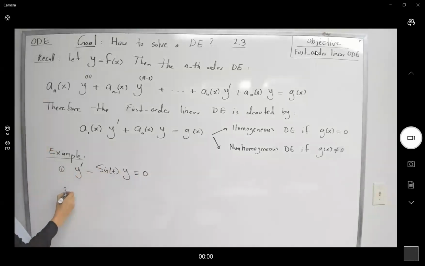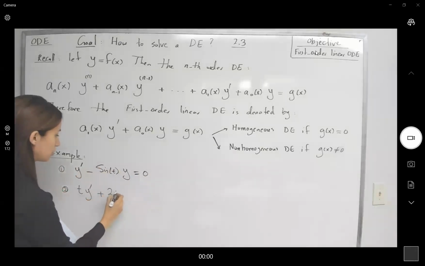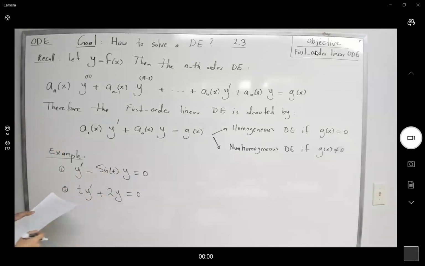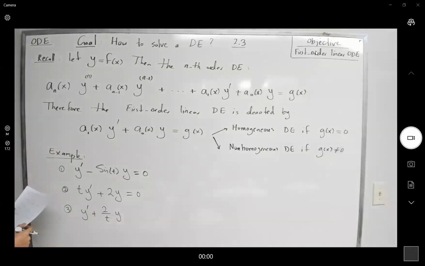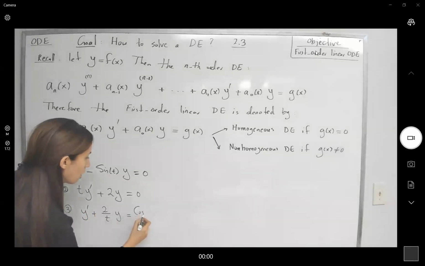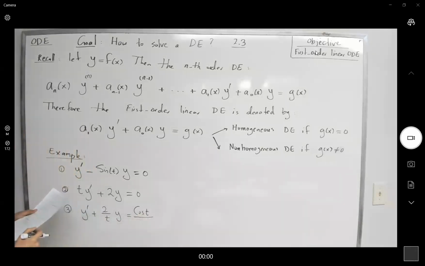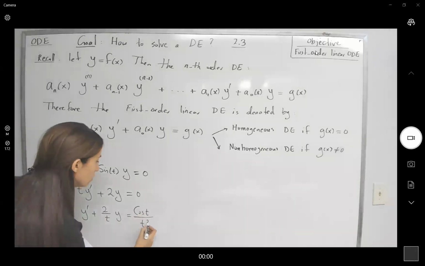The second one is t y prime plus 2y equal to 0. The third one, well, here we have y prime plus 2 over t times y equals cosine t divided by t squared.